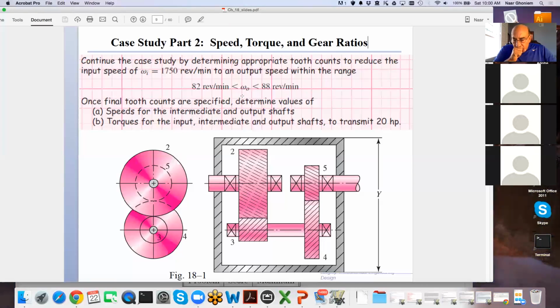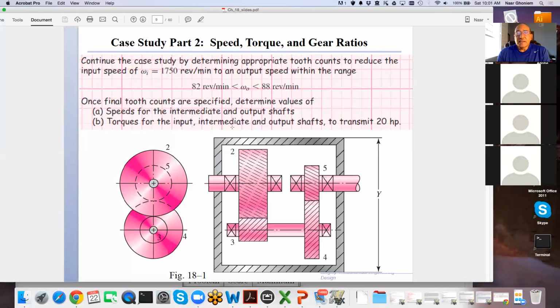So we figured out the ratio of the reduction from 1750 to, let's say, 85. So we can divide these two numbers and get a reduction ratio. And this reduction ratio, if it is greater than 100, then we have to consider multiple gears to reach this reduction ratio.